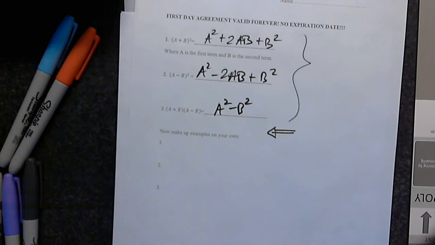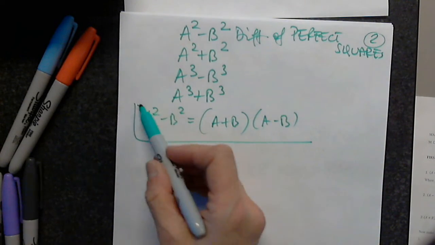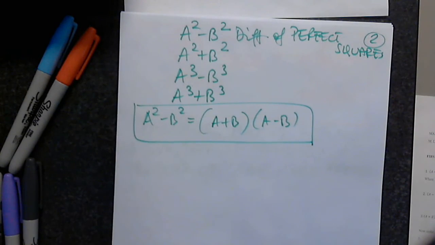But to prove it one more time, to refresh your memory, you have to FOIL it now. Hopefully moving forward you will remember it. So do it one more time right now on the side of the paper. And you'll see what you get. But moving forward, I'm hoping you will remember this. Is this okay? Did you cancel out ab with negative ab? And did you get a squared minus b squared?